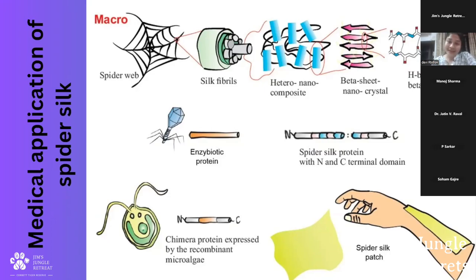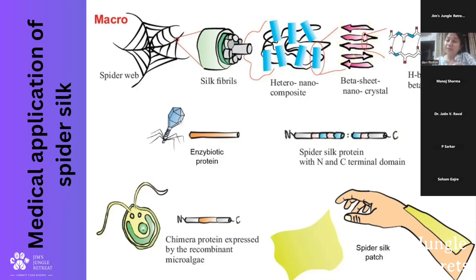But having said that, if it is possible to replicate this at a level where it can make bulletproof jackets, which it has already been tested to be made possible. The only thing is that getting into the commercial standards is really difficult.